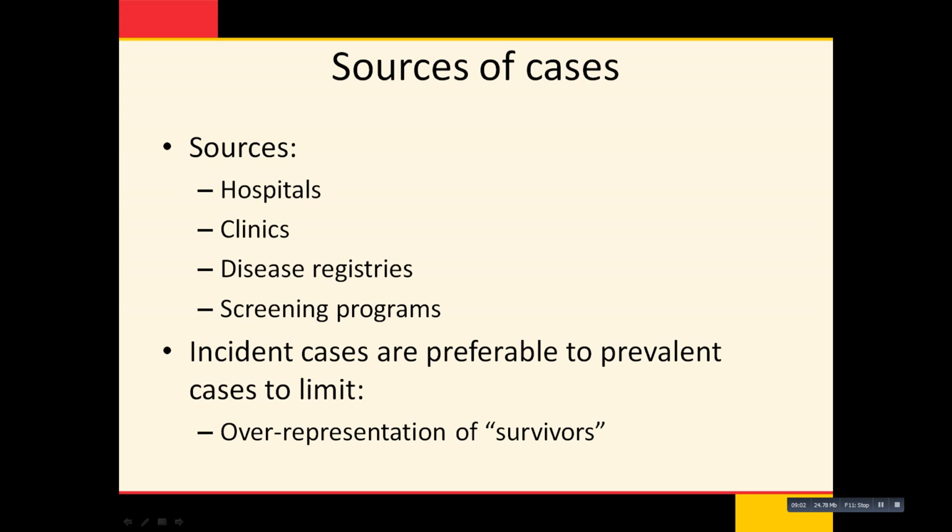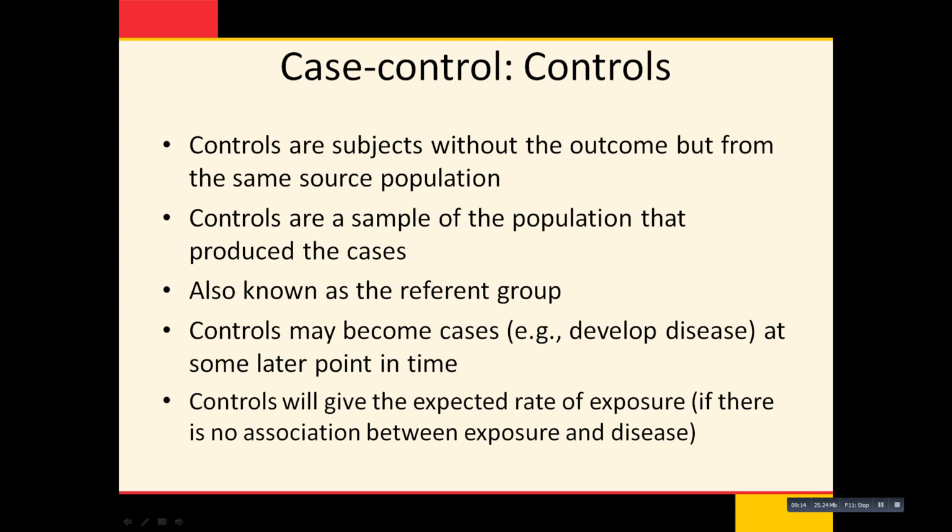And again, we talked about the preference of incident cases to prevalent cases and the overrepresentation of survivors with prevalent cases. So when you're selecting controls, they must come from the same source population as the cases. Controls are a sample of the population that produced the cases but do not have the disease, or at least not yet.